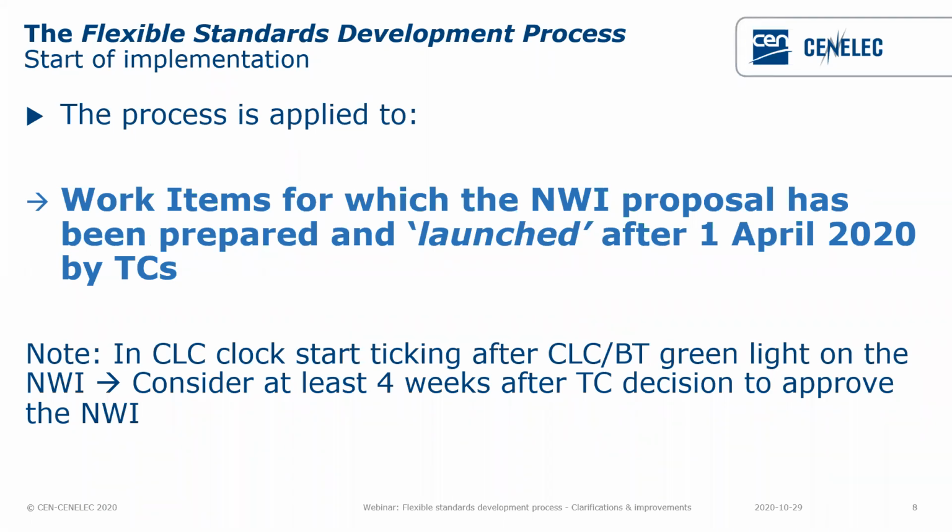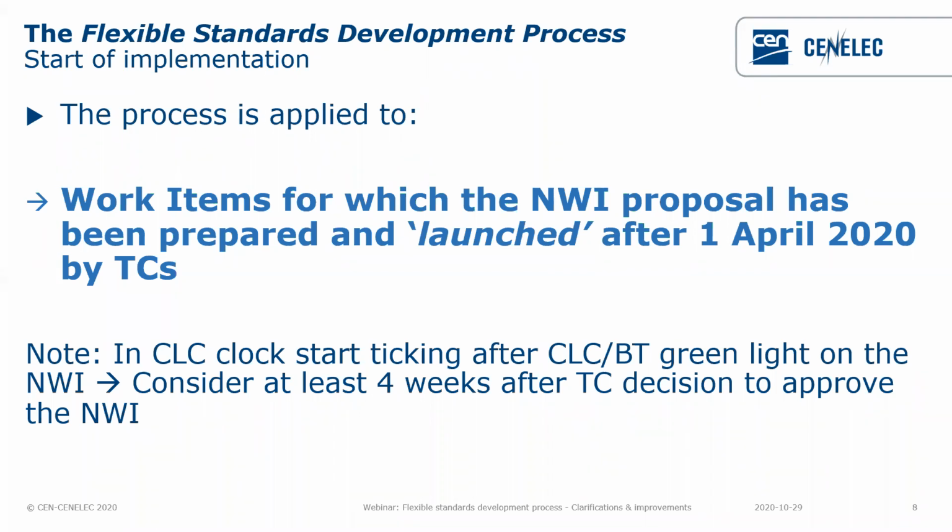So how and when do we apply the process? To work items for which the new work item proposal has been prepared and launched after 1st April 2020. You know very well that the new work item proposal is a TC delegated decision in CEN, while in CENELEC, the CENELEC BT has to approve the new work item.